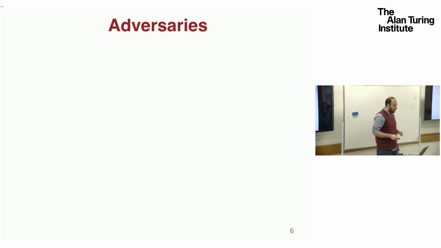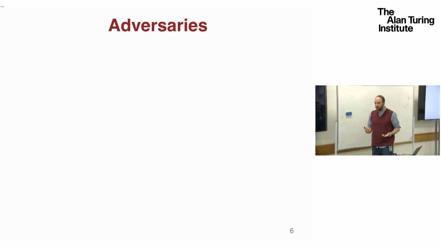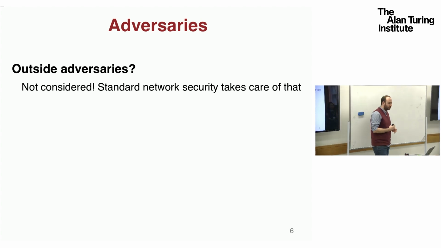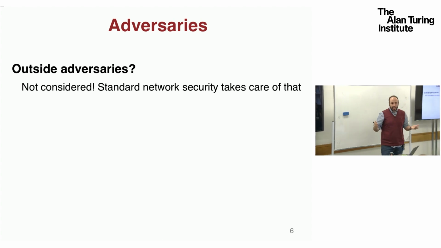No? Okay. So now, obviously, there cannot be security without adversaries, right? That's the whole point. So how do we reason about adversaries in this setting? The first thing you might think of is an outside adversary, right? Your service provider, the government, some hacker, so someone other than Alice and Bob.